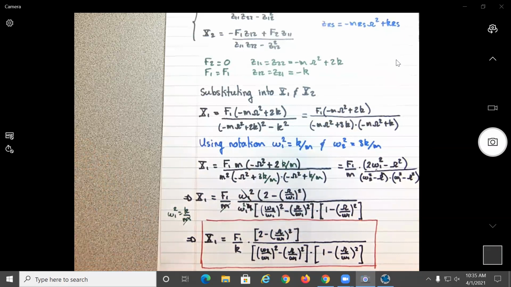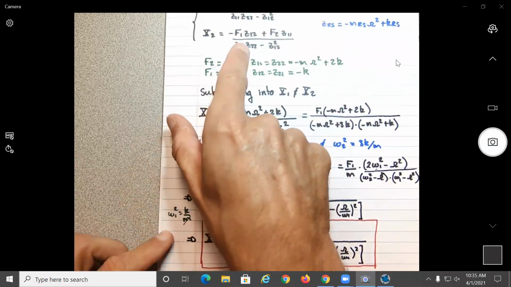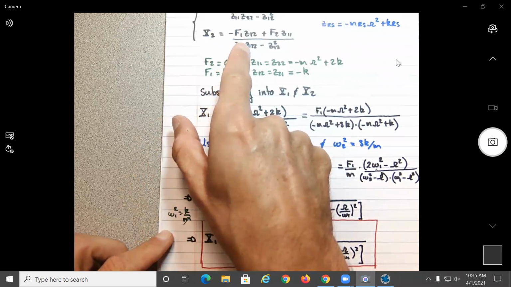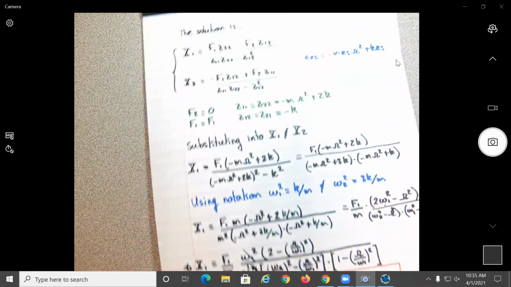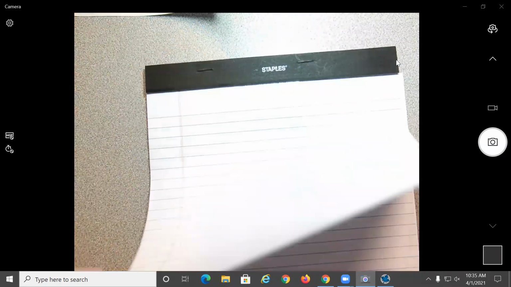So, as you can imagine, if you want, you can practice, but we could do something similar for X2, no? All right, but we're not going to go through the details.